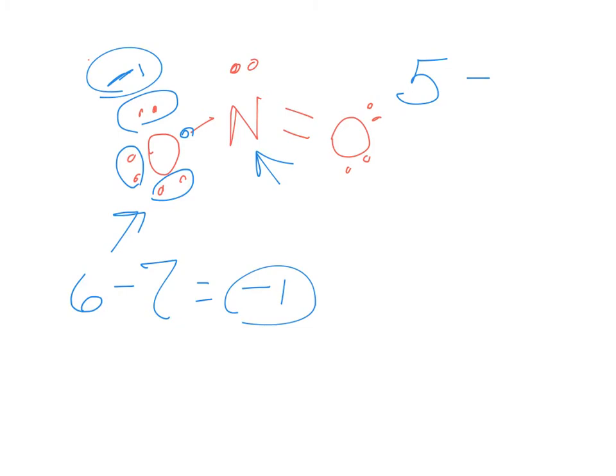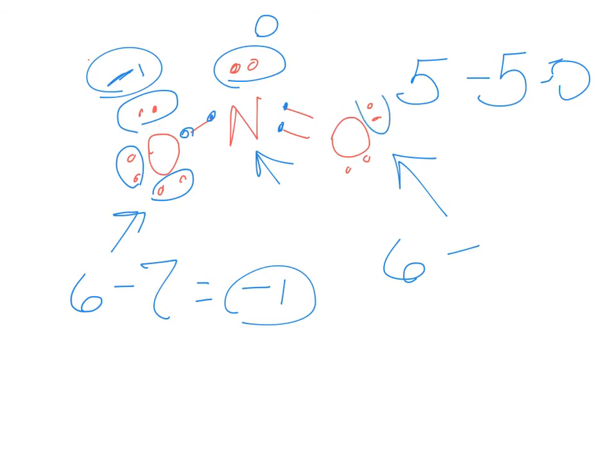Let's see how many it has in this compound. 2, 3, 4, 5. So the nitrogen has a 0 formal charge. This oxygen, again, starts with 6. How many does it have here? 2, 4, 5, 6. So the right-hand oxygen has a formal charge of 0.